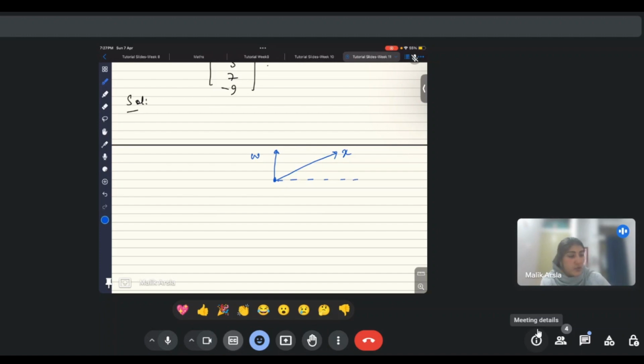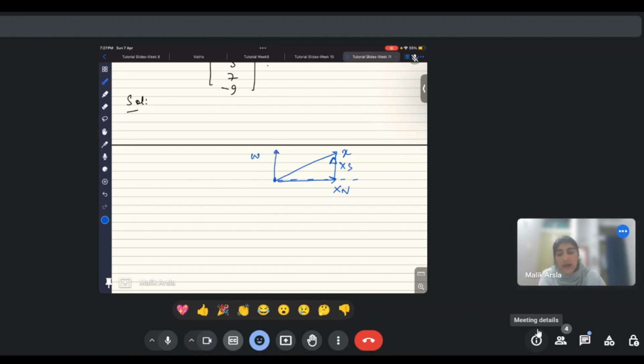One perpendicular to W, say it's xn, and one parallel to W, let me call it xs.